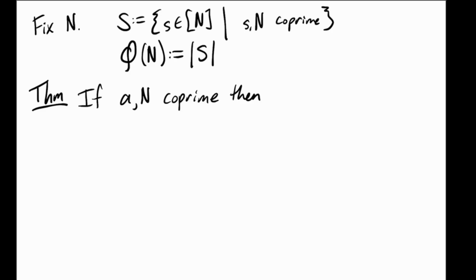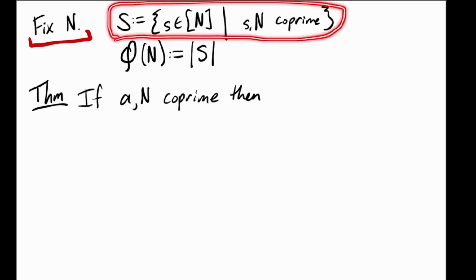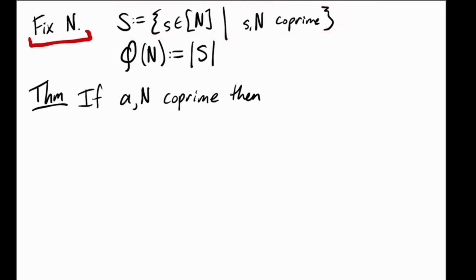So here's the setup. I'm going to fix a number n, and I'm going to define this set S. And S is going to be all the numbers from 0 to n minus 1 that are co-prime to n. So anything that doesn't have any common factors with n other than 1. Then I'm going to define this number phi. So phi of n is equal to the size of S. So it's the number of natural numbers less than n that are co-prime to n.